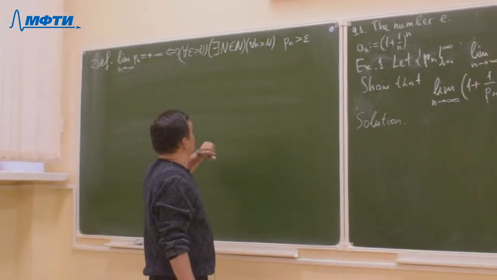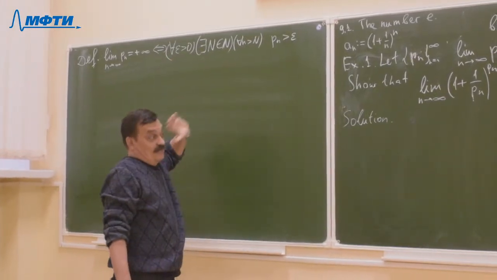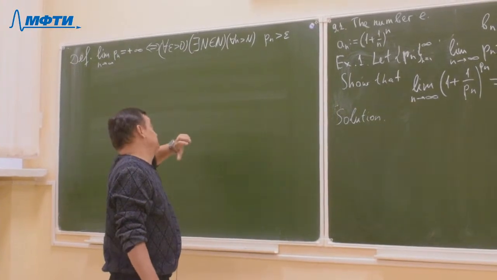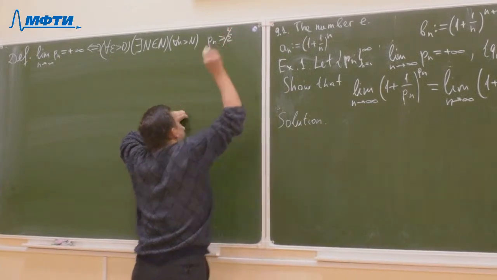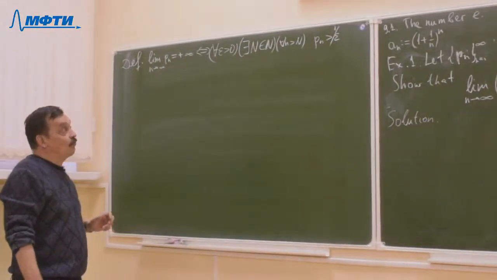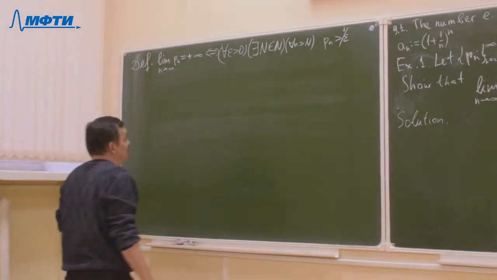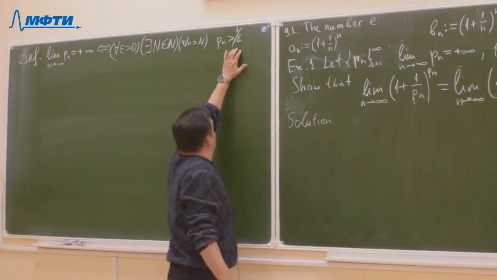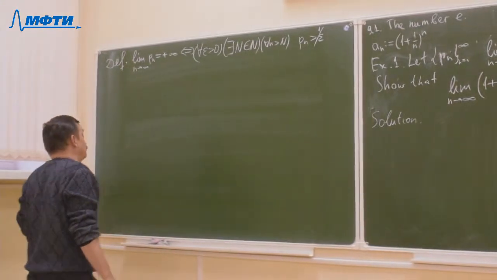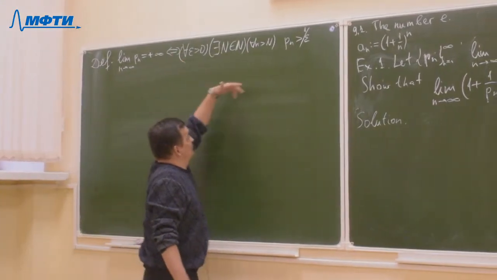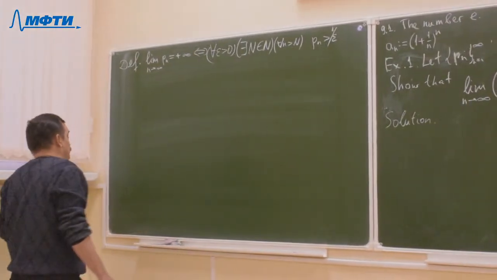And here, in fact, epsilon is arbitrarily large, what's important. And to emphasize it, sometimes one can use 1 over epsilon instead of epsilon, just to emphasize this. Of course, both are correct. Without 1 just being greater than epsilon, it's equivalent, because if epsilon greater than 0, then 1 over epsilon is also greater than 0, and it is arbitrary as well.